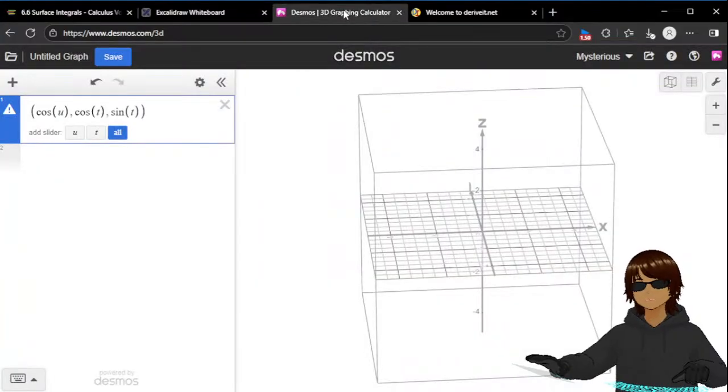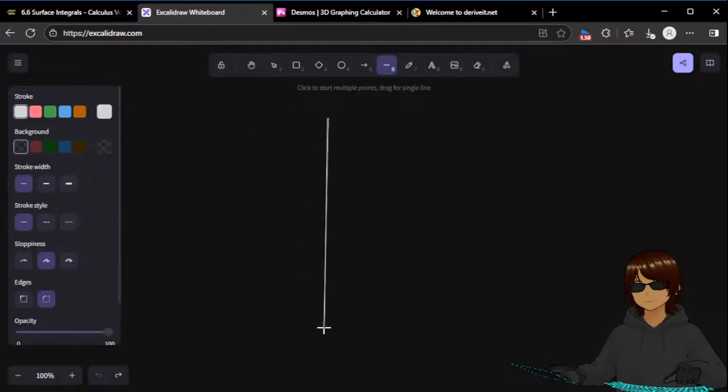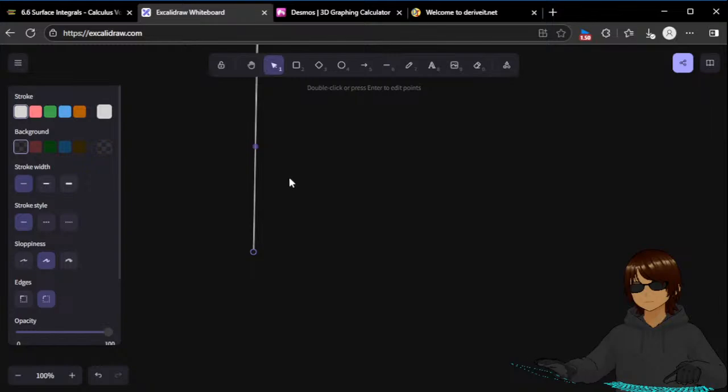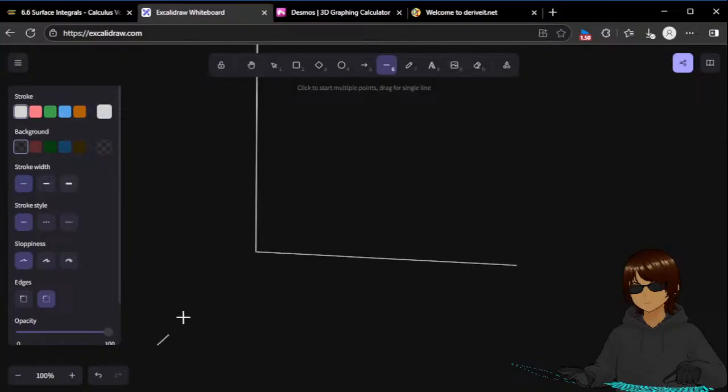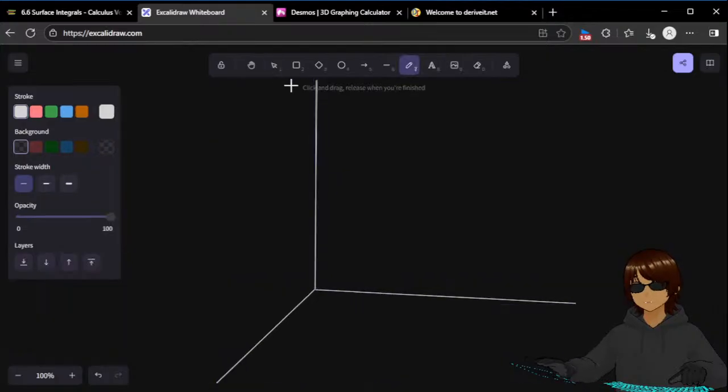If you think about it, what I'm thinking is in a 3D graph, let's call this z, x, y.